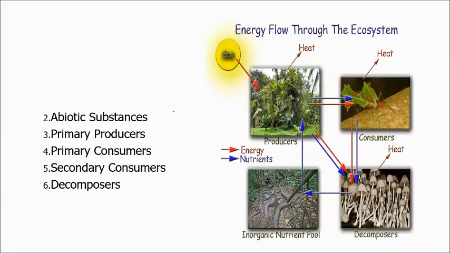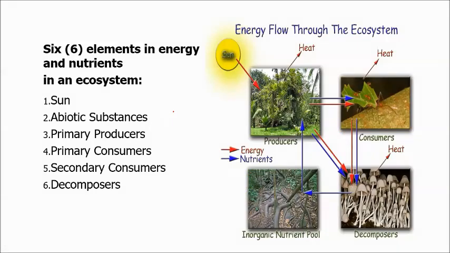Move tayo sa 6 elements in energy and nutrients in the ecosystem. The 6 elements in energy and nutrients in an ecosystem are the sun, abiotic substances, the primary producers, primary consumers, secondary consumers, hanggang sa decomposers.